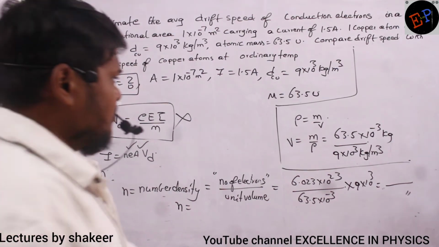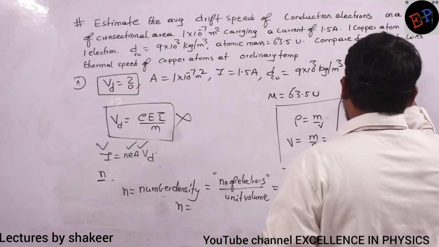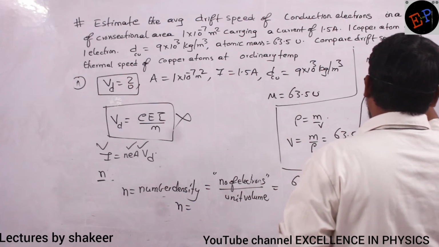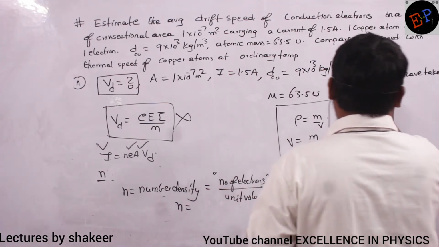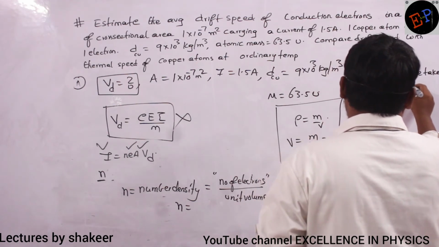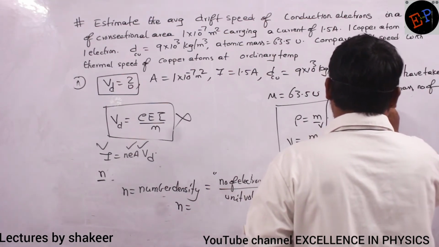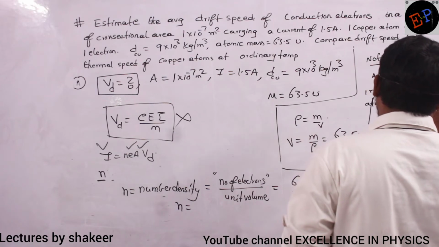So what is the note point here? Note point is that as we have taken 1 molar mass, number of atoms will be 6.023 into 10 power 23.